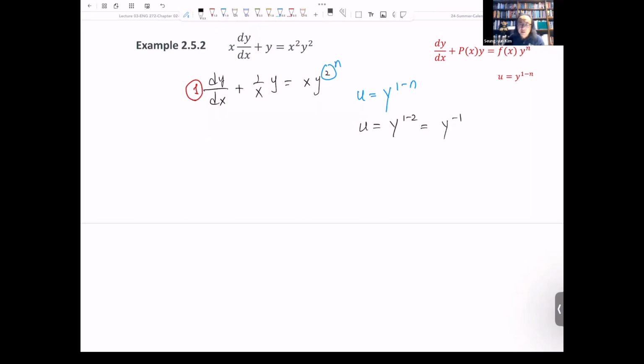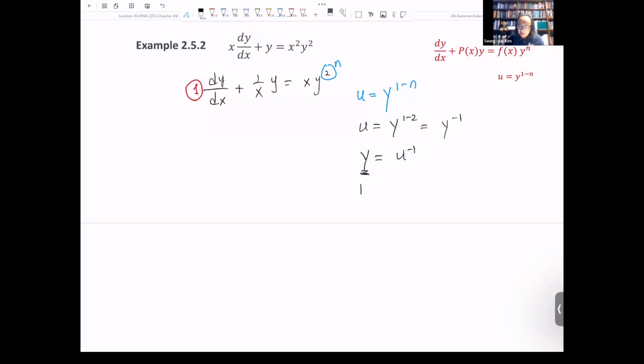Once you do this step properly, it's just like a linear equation. So when we let u equals y to the negative 1, now I'm going to change this to y equals u to the negative 1. So always y equals something. You let y equal something, and then we need to take the derivative.